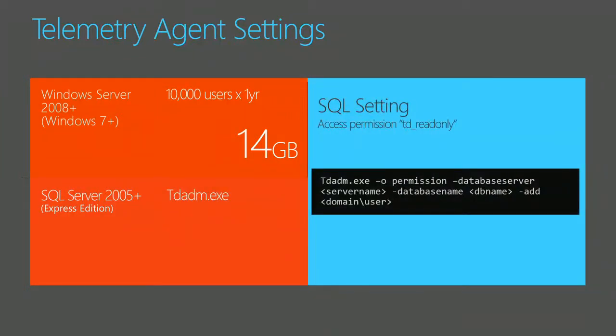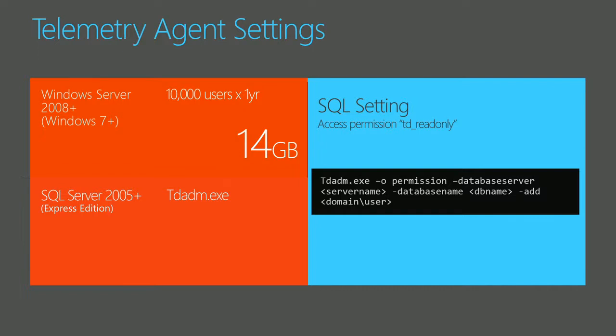Whenever you set up the dashboard, or excuse me, the database, and we'll get to this, by default, only the person who installed it can view data in the dashboard. There's a database role called TD read only that if you assign a domain global group or a user to that, they have that permission, then they can read the data.